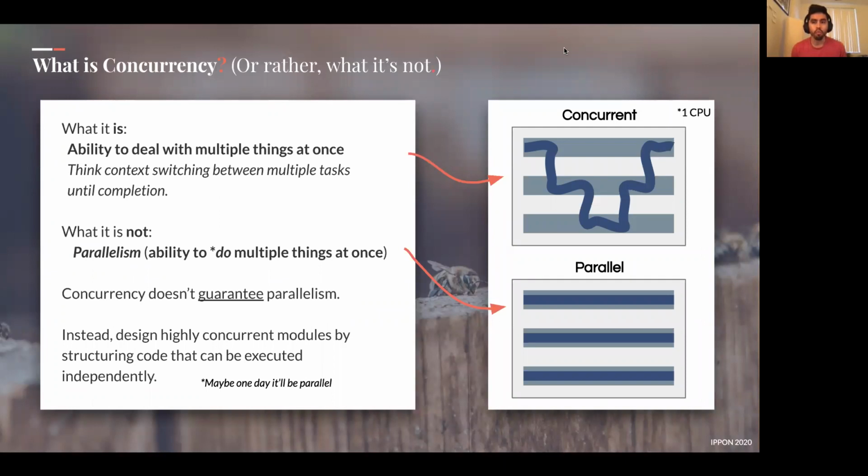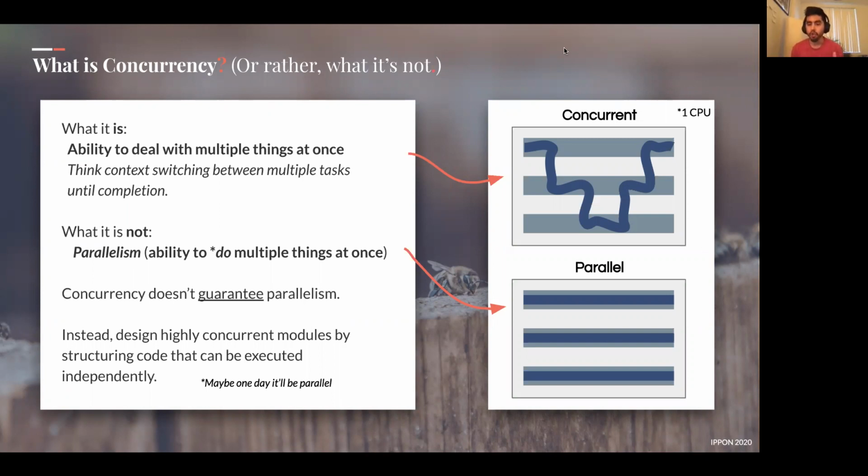So we're talking about concurrency, right? What it is and what it's not. Simply, concurrency is the ability to deal with multiple things. The diagram on the top shows what a single core processor could look like when it's doing things concurrently.